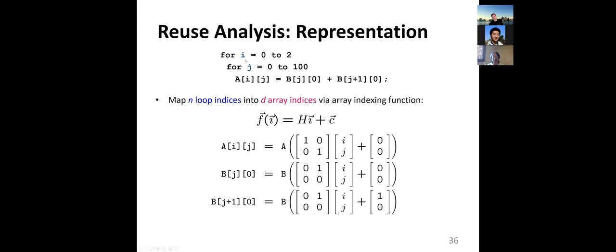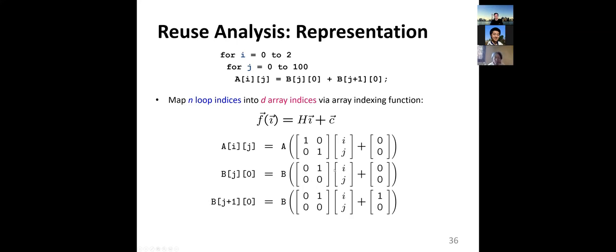This is essentially our i, j in the direction that the loops are defined. And this is the addition to the indices, right? So if it's not i but i plus 1, we get plus 1 here. So this is a constant c. Each index can then be represented using those matrices. So A would be represented this way, B this way, and B[j+1] this way. As you can see here, because i is not used here, you have only zeros for the i here in both positions, right?